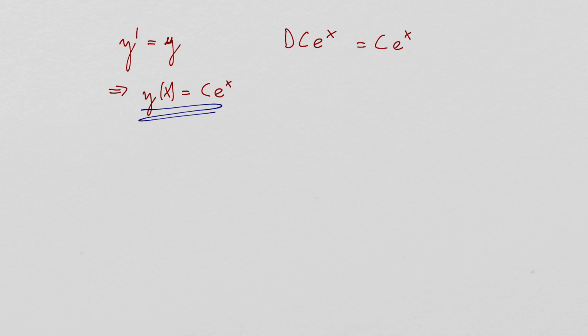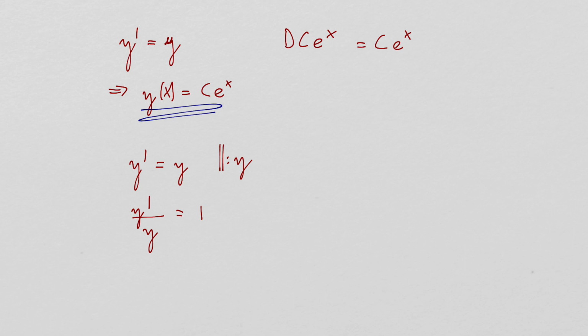If we don't notice this result, then how can we get the result? Well, let's start from here. This separable equation we can divide by y. Y derivative divided by y is 1.